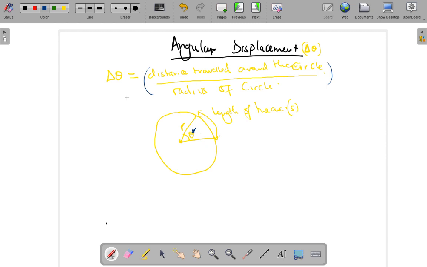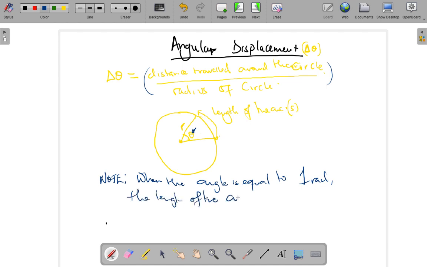But when the angle is equal to 1 rad, you can write this as a note. When the angle is equal to 1 rad, that means the length of the arc is equal to the radius.